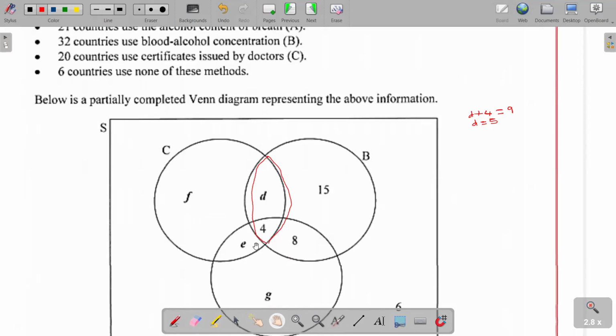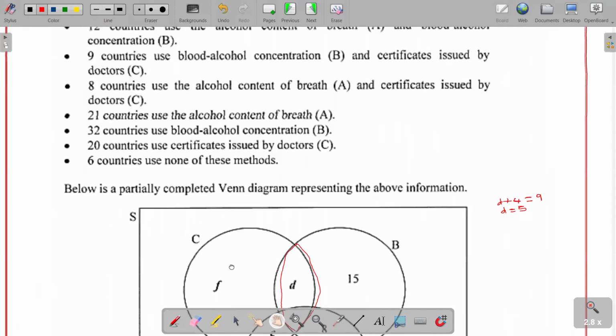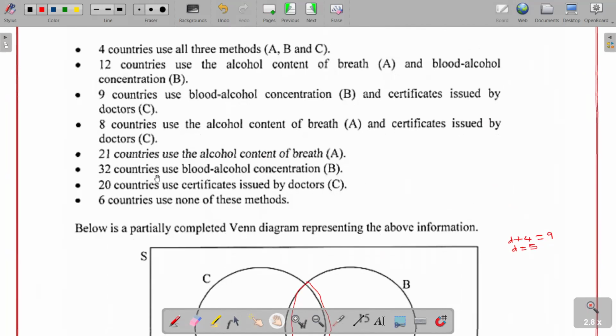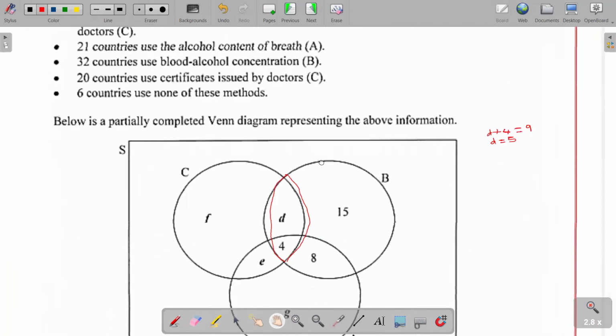here, what is that? If you say it's part of A and C, so what is happening between A and C? Here, they said 8 countries use the alcohol content of breath and certificate, which is A and C. So if you are to check A and C, we are going to concentrate on this part here.